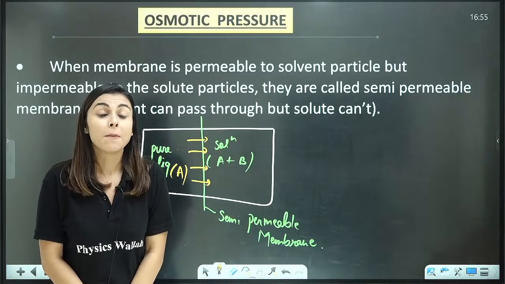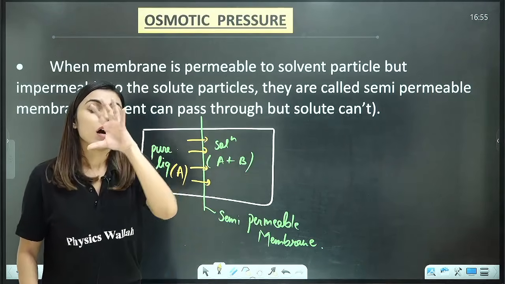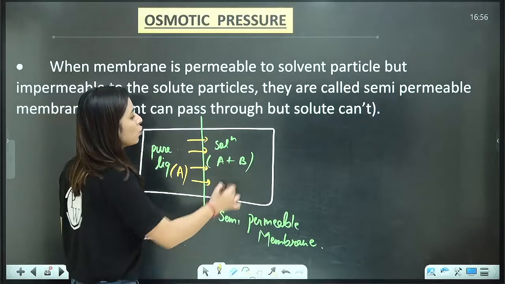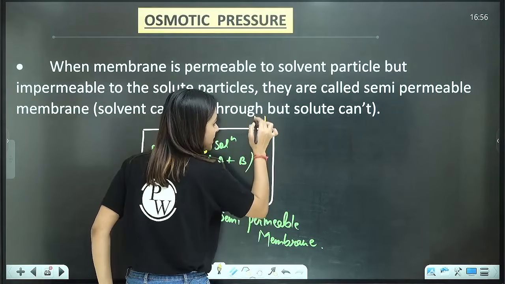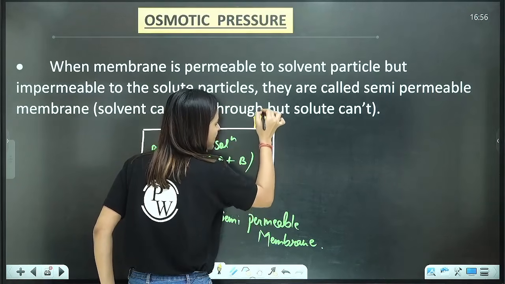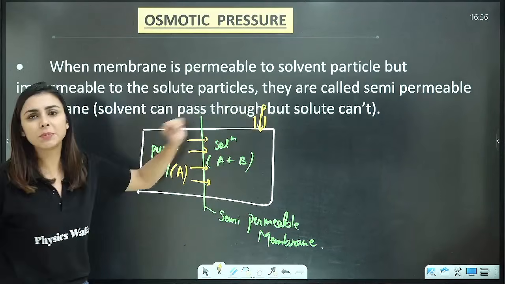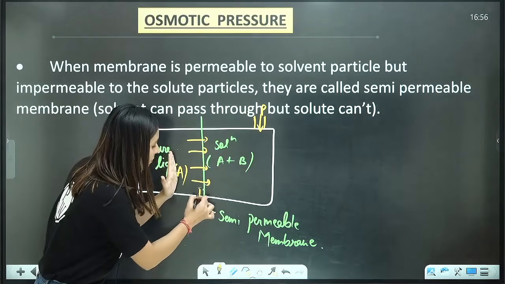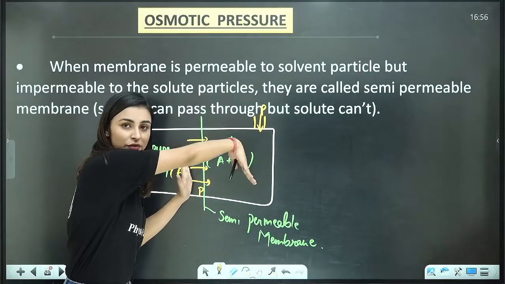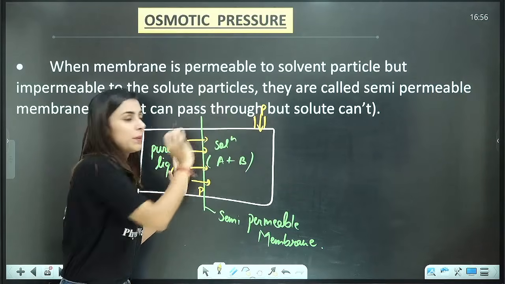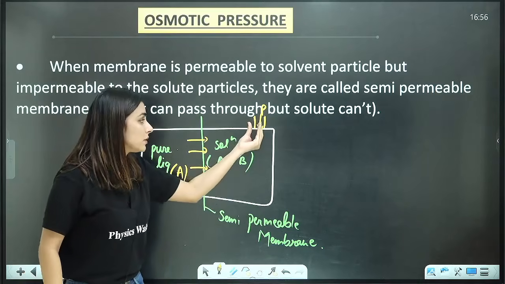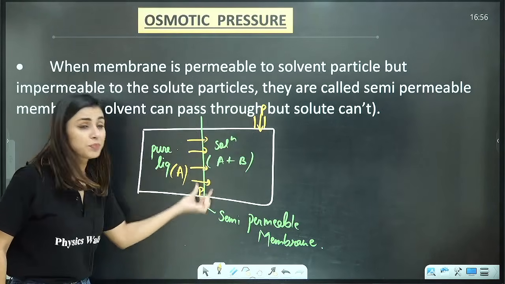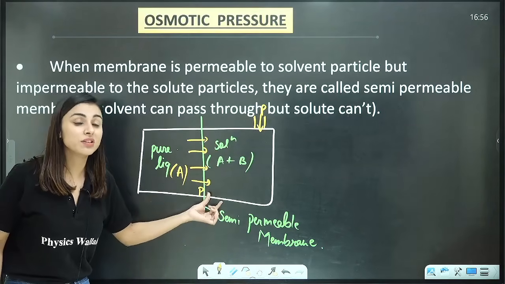But another definition is, if you open this area and you apply some pressure P from this side, that is equal pressure. You are applying some pressure so that you can stop this movement.